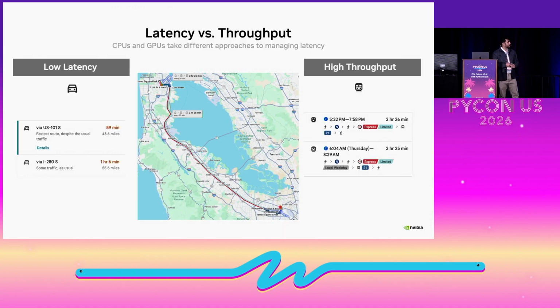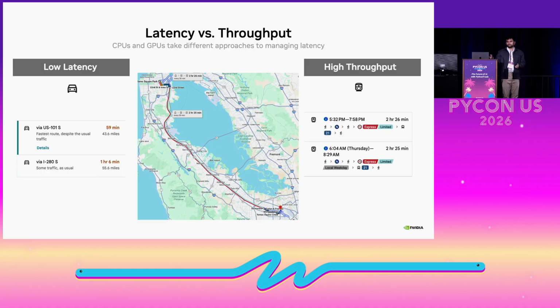Now, instead of making the latency minimizing choice, I could instead make the high throughput choice, which is to take the train, right? Taking a train, in this case, will pretty much always be slower for me. Well, taking all sorts of public transit. There's some walking and busing in there, too. But the advantage of public transit is that a train or a bus can take a much larger number of people, right?